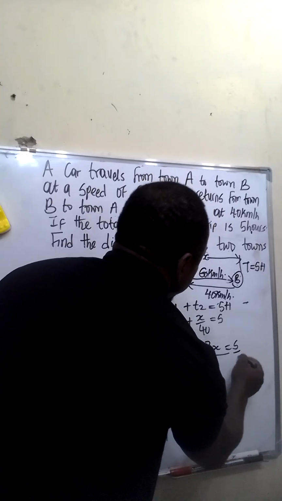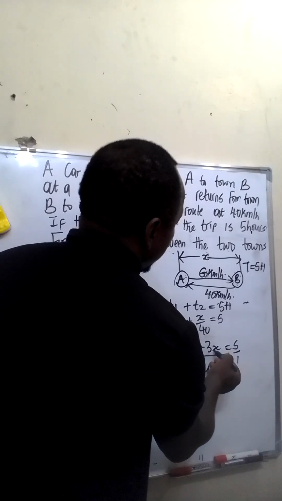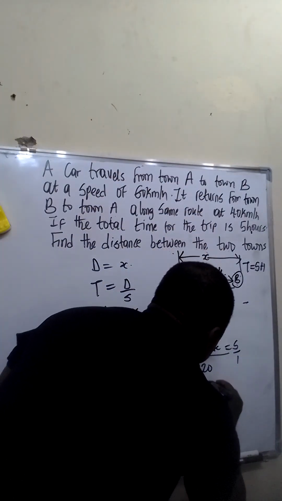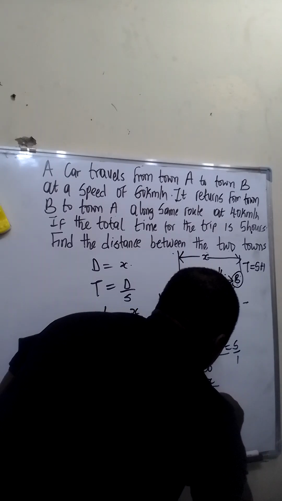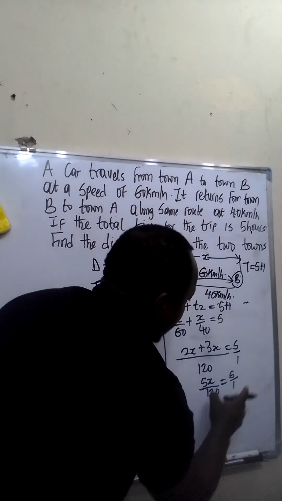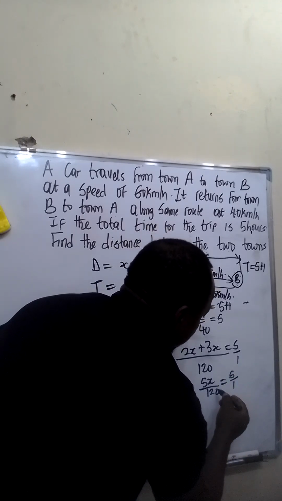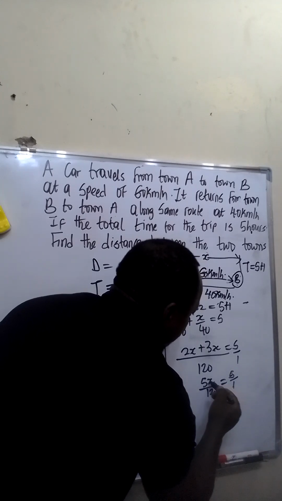If we simplify this, 2x plus 3x is 5x over 120, equal to 5 over 1. The next thing we'll be doing is we are going to cross multiply. We'll multiply this by this and this by this.